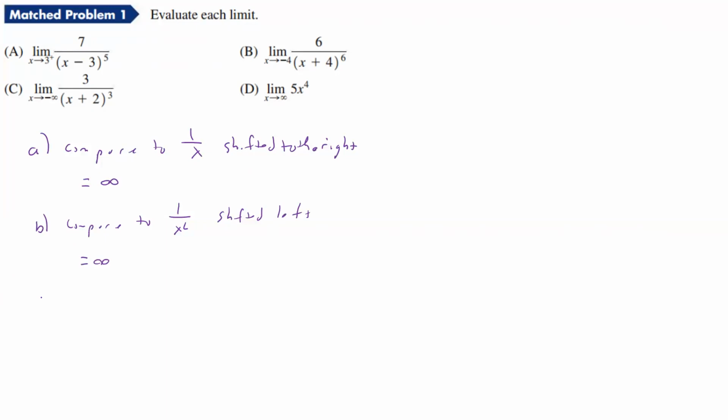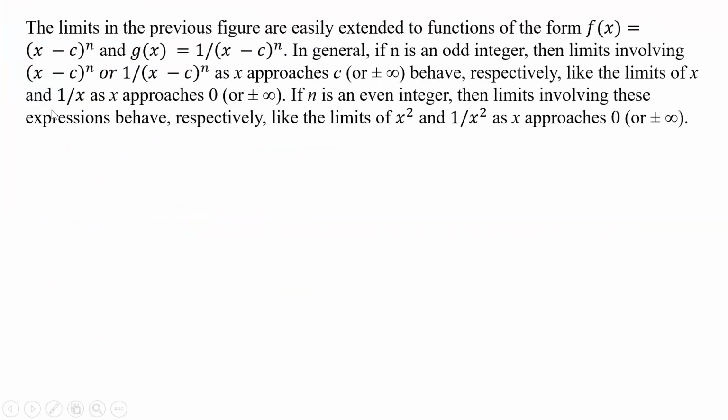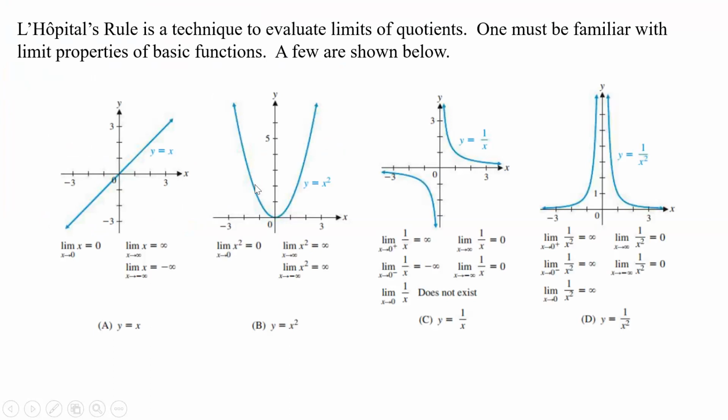All right, now C, we're going to have 1 over x. Again, we're going to compare it to 1 over x, and this time it's shifted left. And we're going to negative infinity. If we compare it to 1 over x, shifted to the left and going to negative infinity, it's going to go to 0.